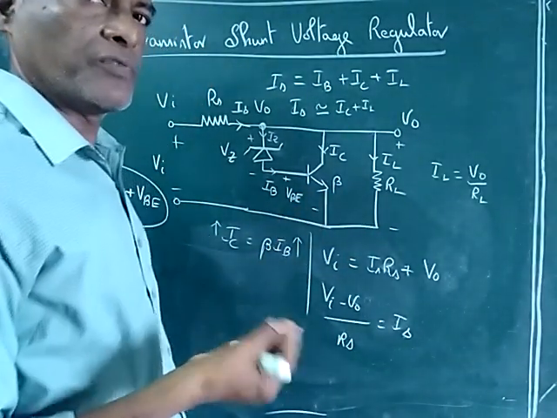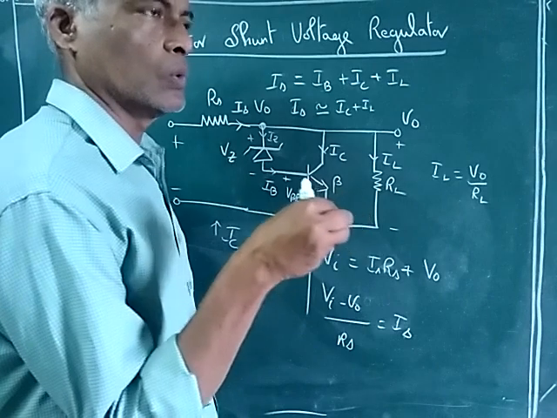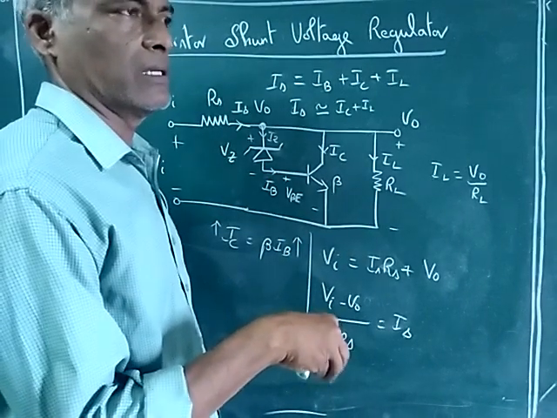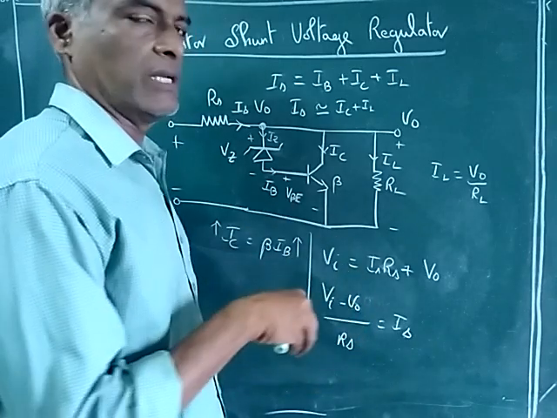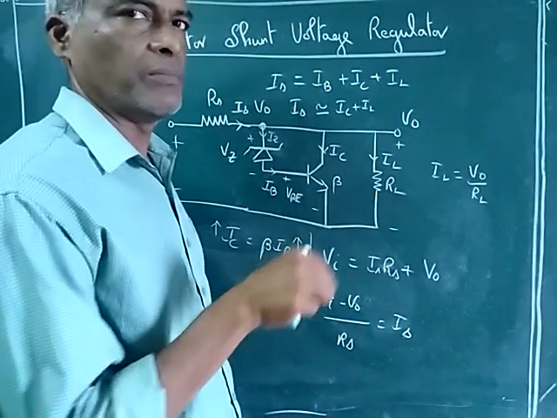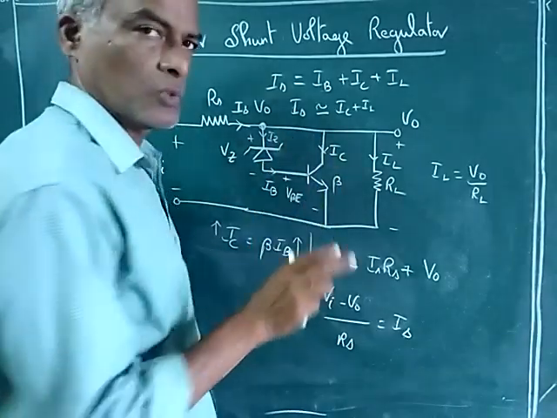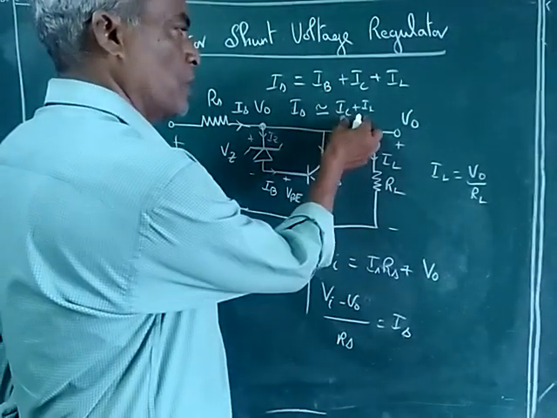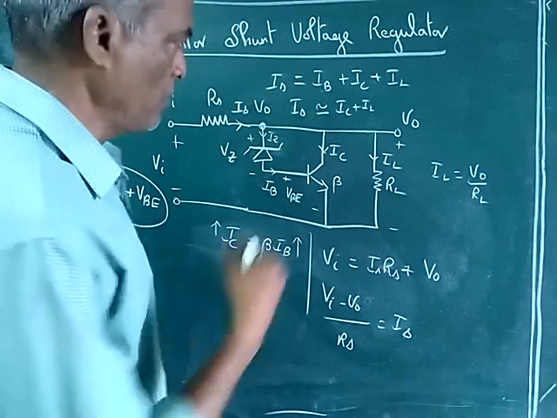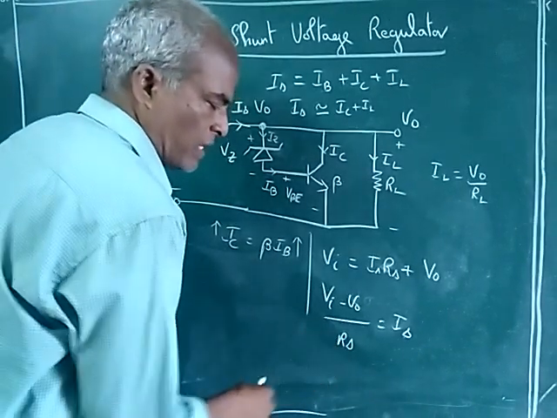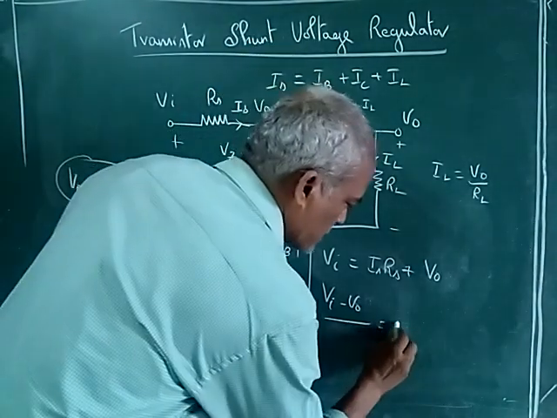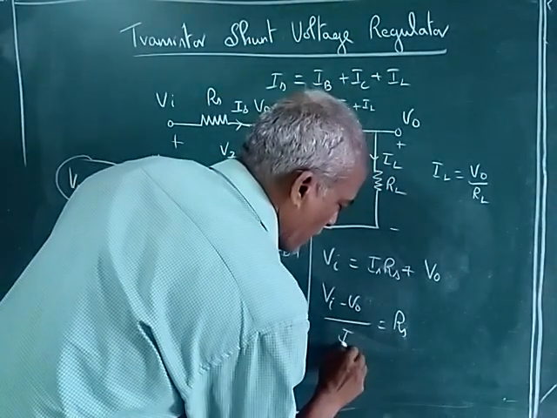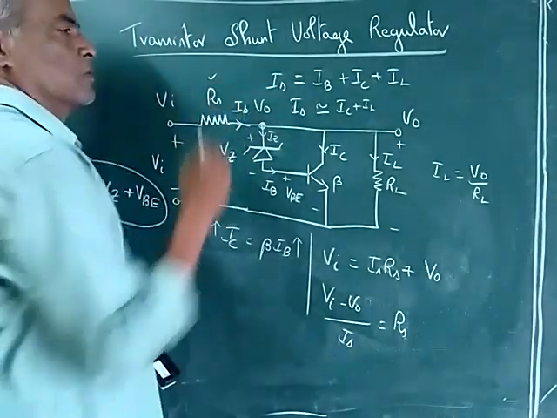Beta can be found from the data sheet, or practically by connecting it in a circuit, or we have provisions in a multimeter to find the beta value. So beta is known, therefore these two values are known and IS can easily be found. Now in this relation we want RS, and here we have IS, so this value is known.